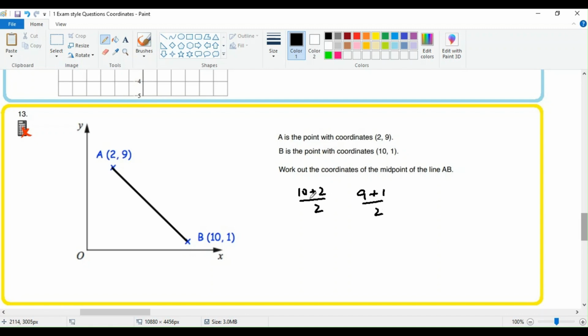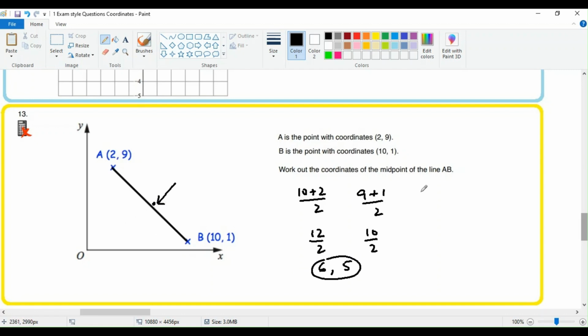X will be added to X and Y added to Y and then divided by 2, taking the half of it. That gives you 12 over 2 and 10 over 2. That means (6, 5) is going to be the midpoint of this, somewhere here it's going to lie.